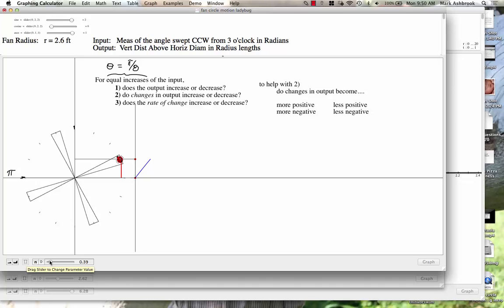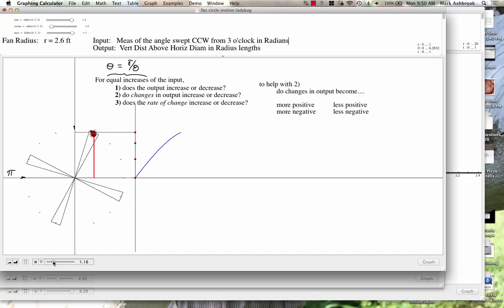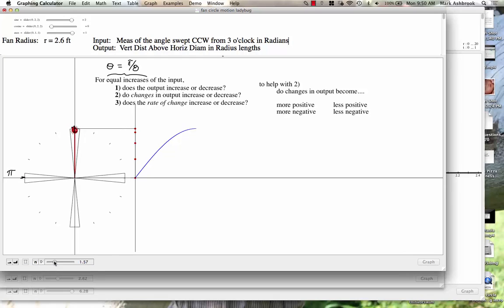When we do it again, it keeps going up, but it goes up a little bit less than it did before. The change is positive, but less positive than the one before, and subsequently with these last two. So the graph is increasing, but the changes are decreasing, which means the rate of change is decreasing, and the graph is concave down.